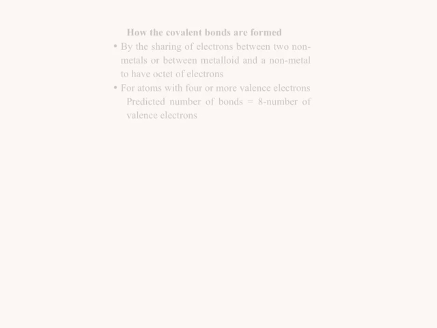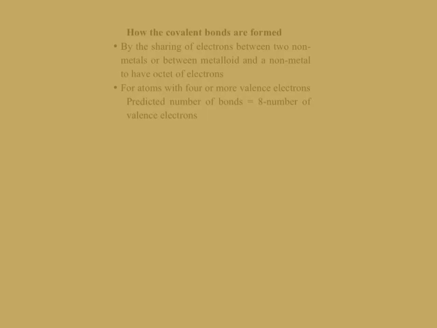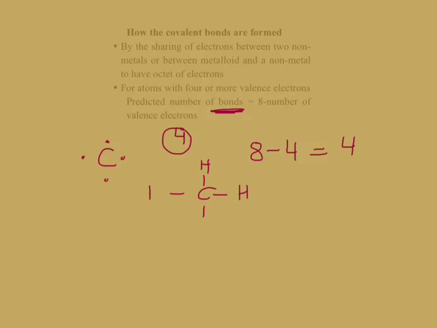So carbon has 4 valence electrons: 1, 2, 3, 4. And how many electrons does it need more to be stable? 4 more electrons. So how many bonds are you going to see around carbon? It is 8 minus the number of valence electrons, which is 4. So 8 minus 4 is 4.